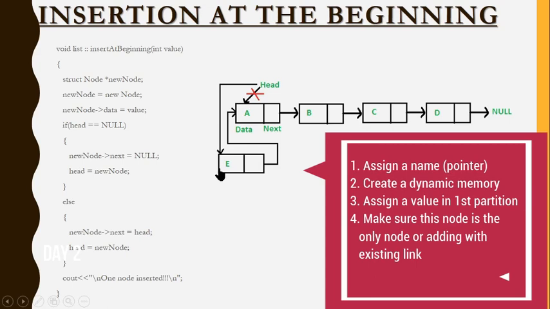So that should be your second step. For creating a new node, you have to use new as a keyword. And third step, once you create this, you have to mention the data, the first partition. What is the data you're going to enter? You have to mention that. That should be your third step. And the fourth step, you have to decide whether this is going to be a single node or it is going to be inserted along with the already existing linked list nodes.